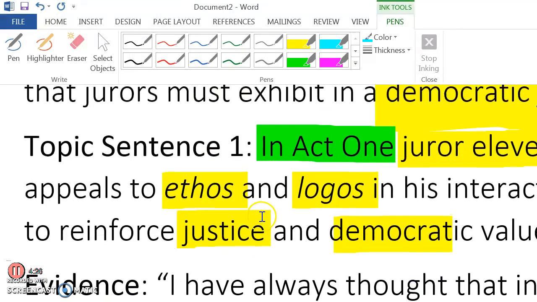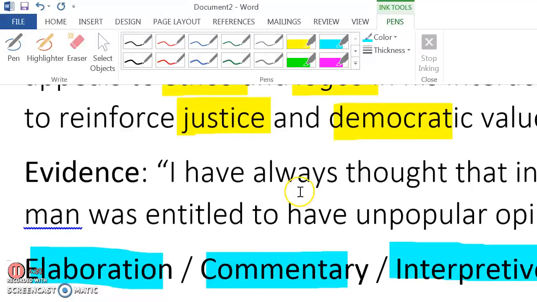and I think I want to really connect back to this idea of justice, because I think that's his whole point. I mean, what he's trying to do is say, unpopular opinions are okay here in this process, because the end goal is to get this right, the end goal is for us to exact justice. That's the end goal.